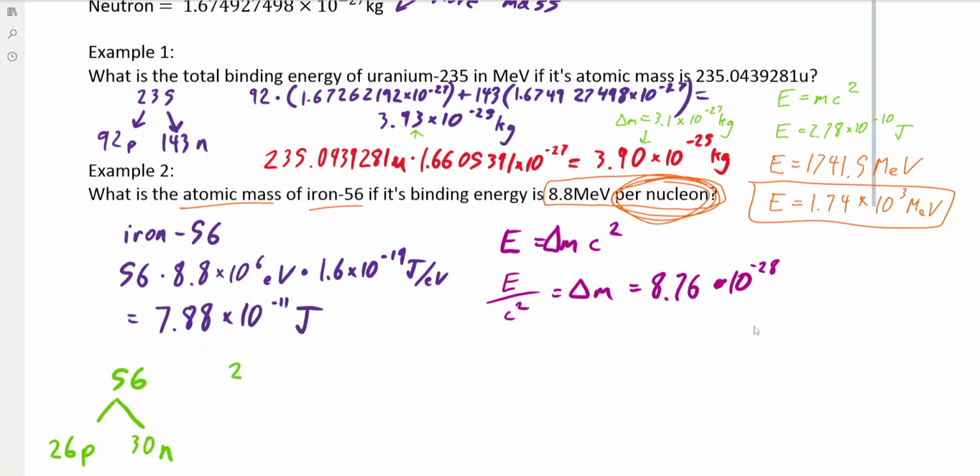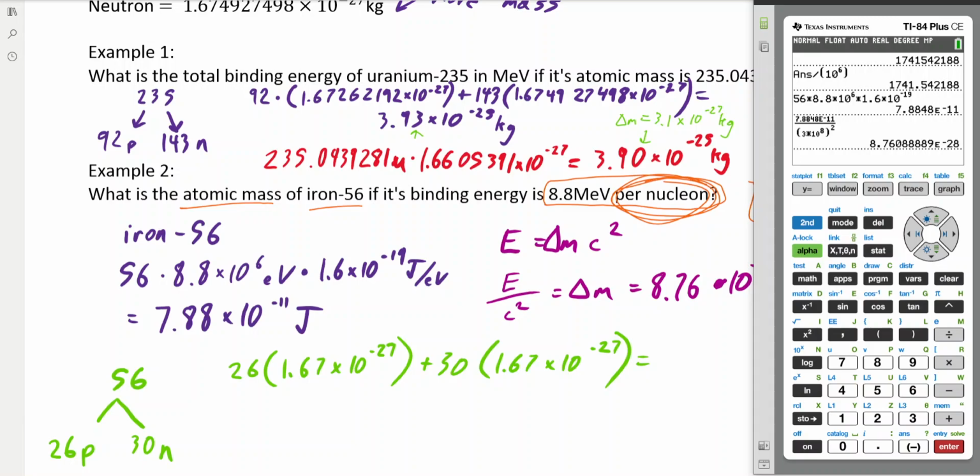Okay, now we can do what we did in the last question. I'm just going to write it like this. But we're going to keep all those sig digs in. Again, we're keeping as many sig digs as possible. So this is what we would expect to get.